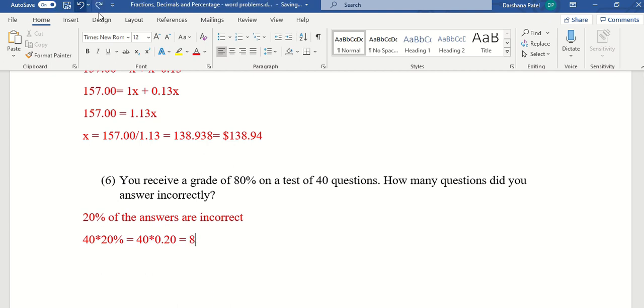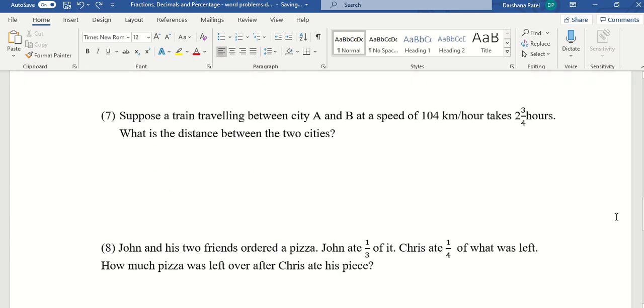For the next one then, we are given, suppose a train traveling between city A and B at a speed of 104 km/h takes 2 3/4 hours. What is the distance between the two cities? So we are given speed to be 104 km/h and time taken is 2 3/4.